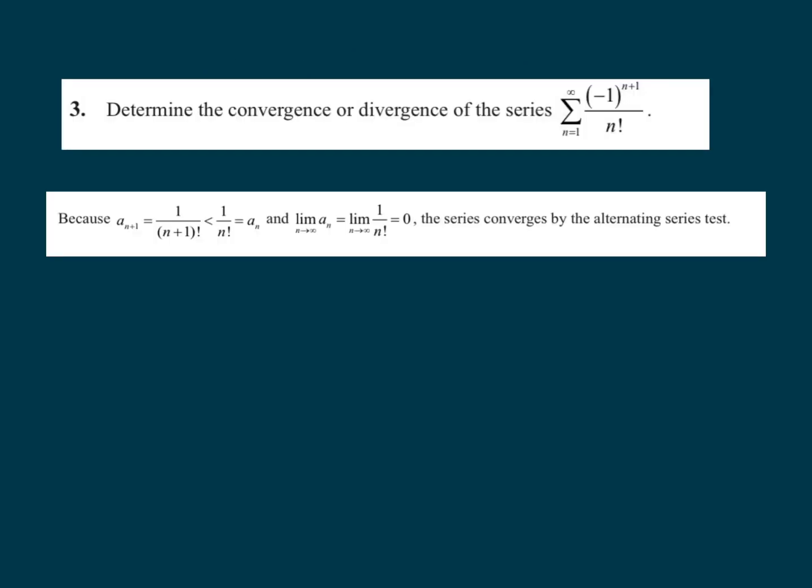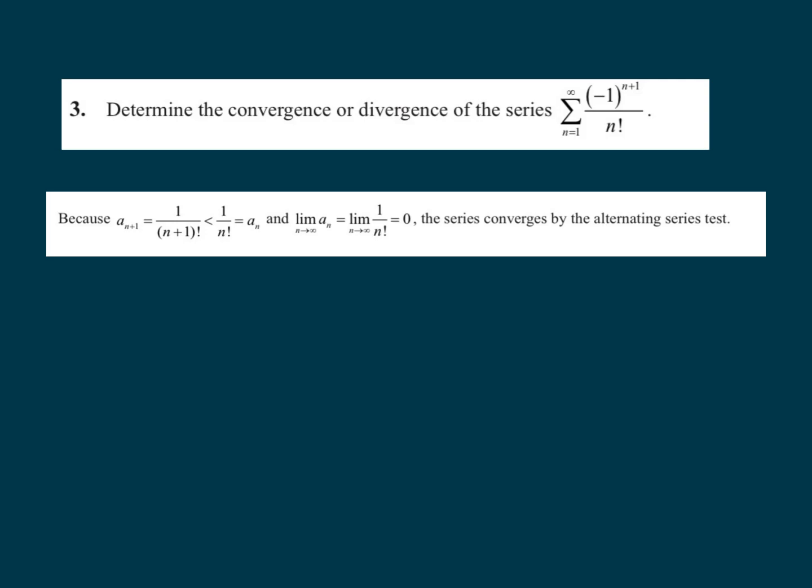That's all. Now let's do this problem. Determine the convergence or the divergence of the series of minus 1 to the n plus 1 divided by n factorial. Let's take the absolute value of this series.